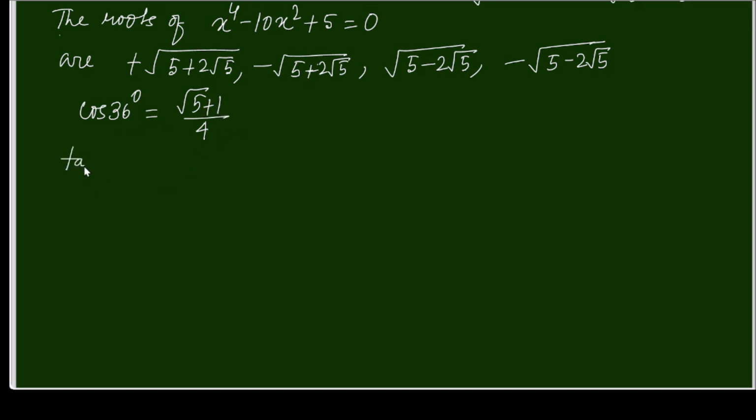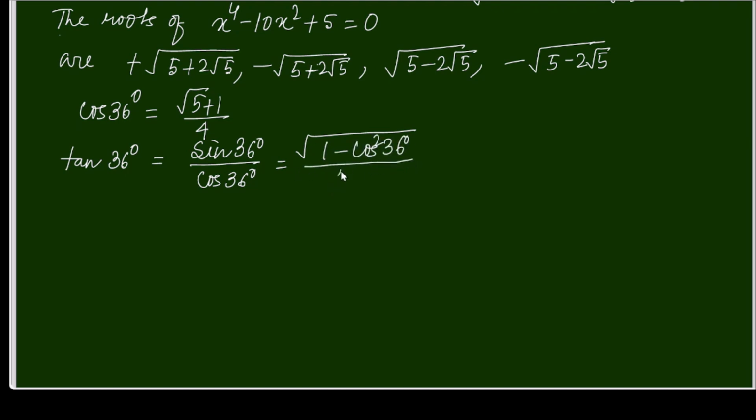Now coming to tan 36 degree. We know that it is sin 36 by cos 36. Sin 36 is square root of 1 minus cos square 36. I am not taking the negative value because 36 is an acute angle, it is in the first quadrant. Now putting the value, this is square root of 1 minus square root 5 plus 1 by 4 whole square, whole upon root 5 plus 1 by 4.